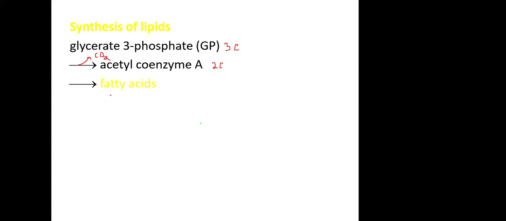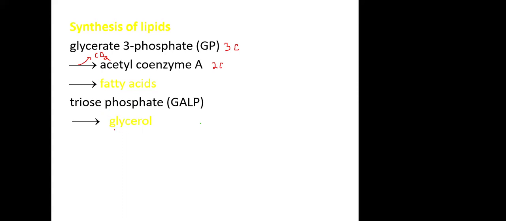And then we also see it can also be formed into fatty acids. Okay, from your chemicals of life, you know fatty acids are actually carboxylic acids with long hydrocarbon chains. Okay, and then we also see that the triose phosphate is going to form glycerol.